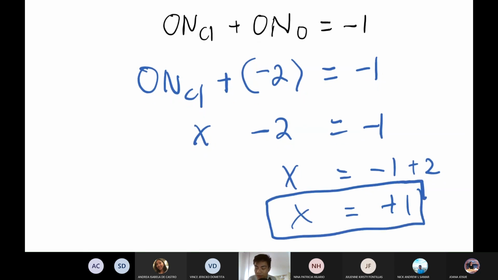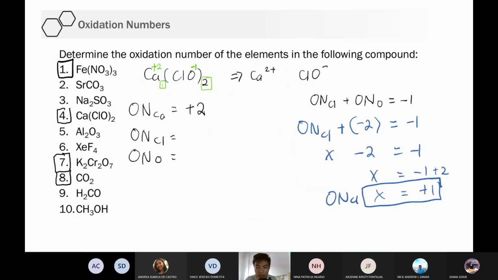That's why it's an exception: it's not -1. The Cl here is +1. Again, for group 7, when it has oxygen beside it, oxygen is -2, and the group 7 atoms, the halides like fluorine, chlorine, bromine, and iodine, are X. You don't know their value. So we just found out that Cl is +1.